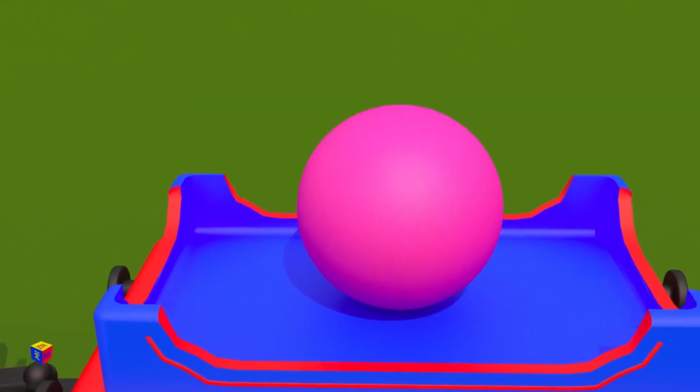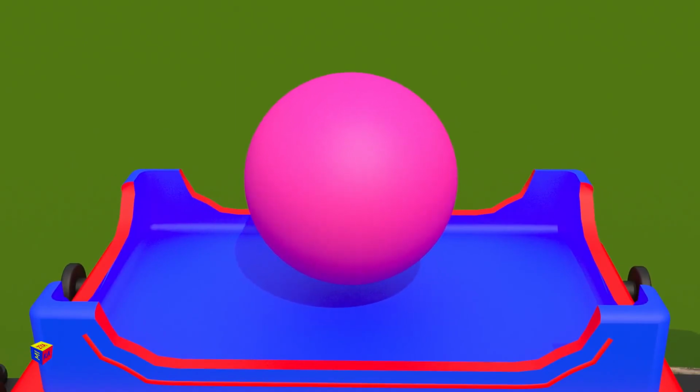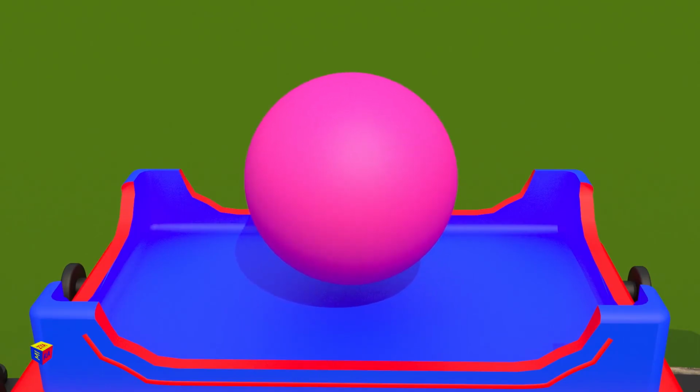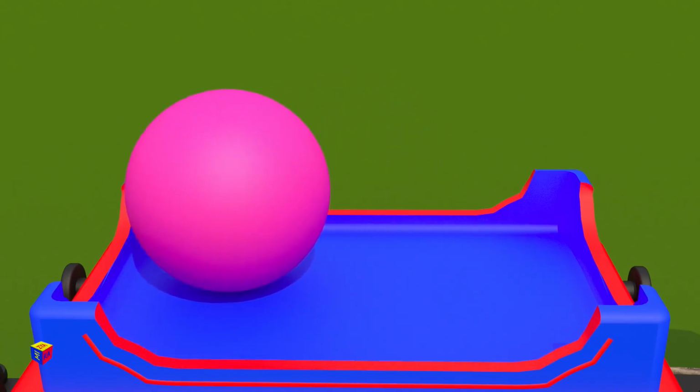Of course, everyone knows this geometric solid. This is a sphere. We can rotate it in any direction, but the sphere always looks the same. Does the sphere have angles? No. Look, the sphere can roll.